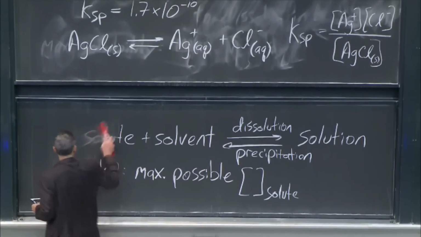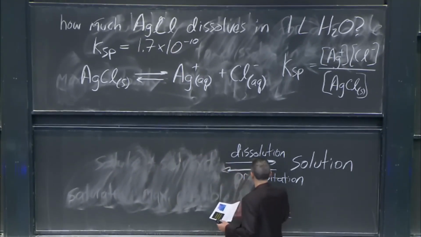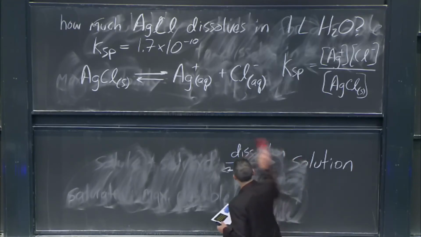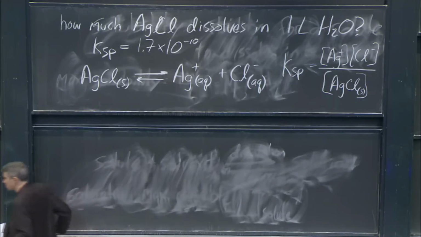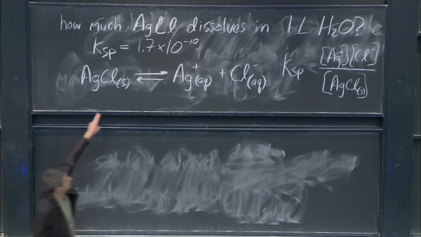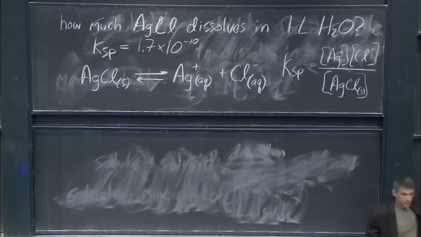If I think about this a little bit, this equilibrium is between the ions that are dissolving. But from the way the reaction is written, I've got a solid form of silver chloride.